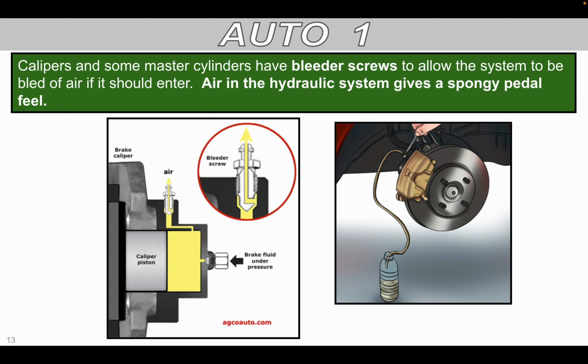Okay. As you can see here in this illustration on the right hand side, this technician has got a flare nut wrench on the bleeder screw. They've got an actual straw or a hose hooked up to that, leading down here into an old used water bottle. Okay. Crack it open, push on the brake pedal, old fluid comes out. It's not dripping everywhere, not creating a mess. It's going into a container.